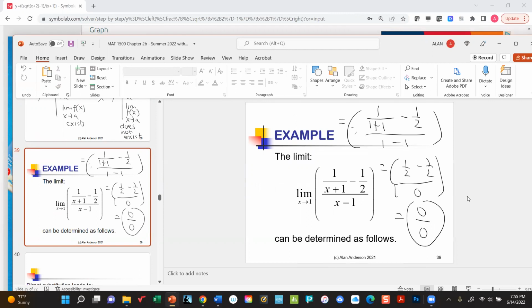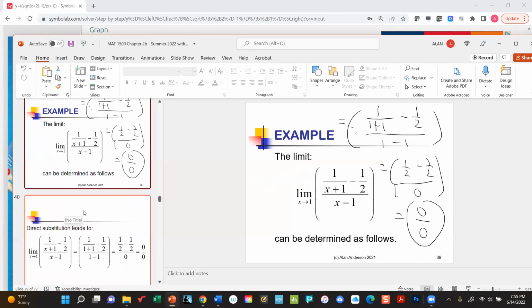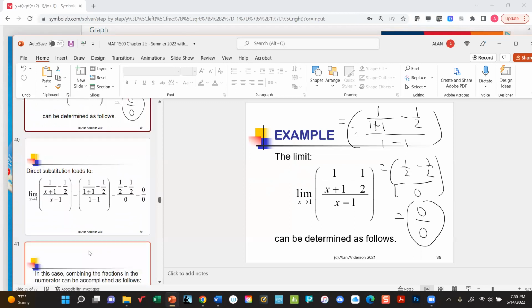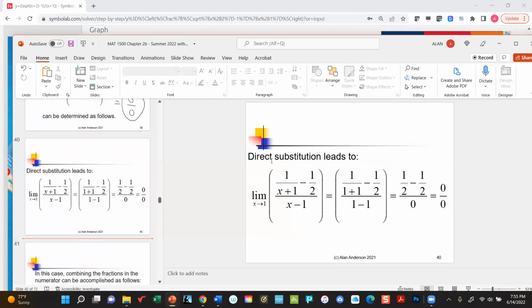What can we do? Well, here, there might be a different way of simplifying. What we would ideally like to do is have a single ratio in the numerator. That might make it possible to cancel something out. But how would we do that in this case? It's kind of a mess. Let's see what we can do.